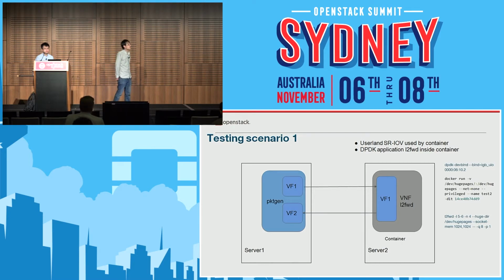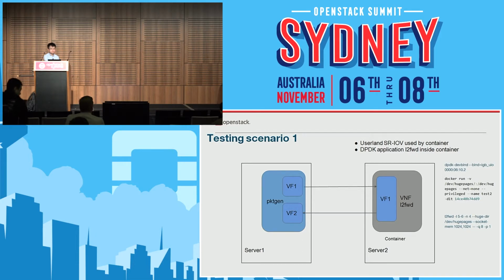Zun doesn't support running containers like this. We are running L2 forward inside this container, and the backend engine is running in one compute node, and the container to be tested is running in another node.